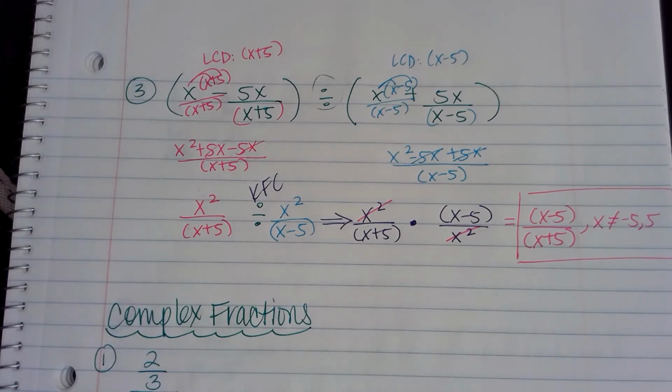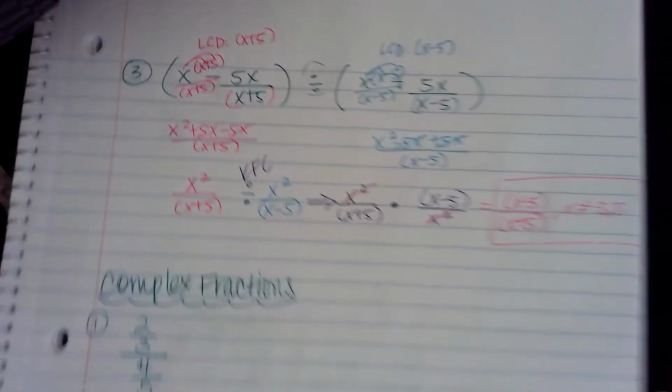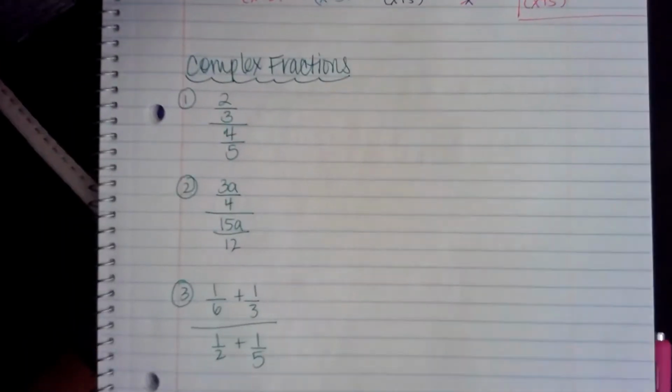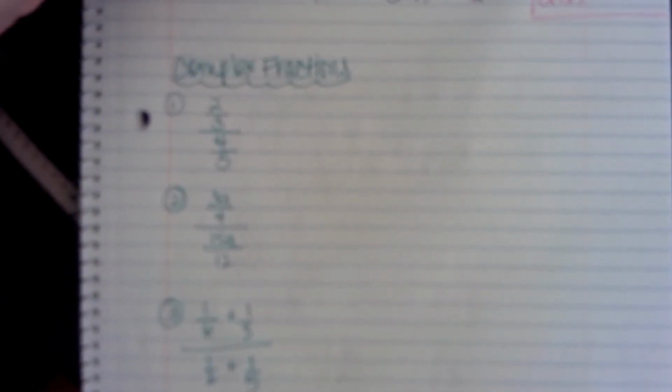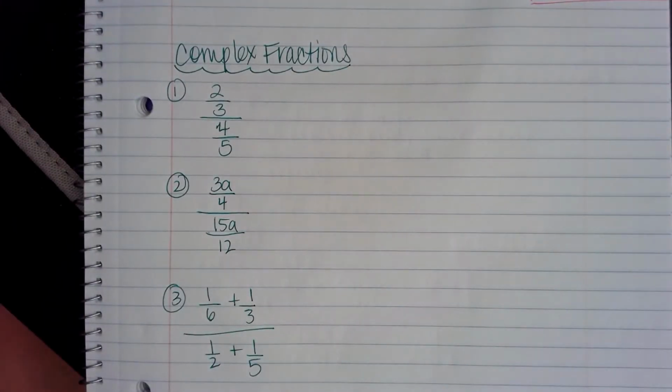All right. So that is actually a really good problem to introduce complex fractions, because we had a fraction divided by a fraction, which is exactly what a complex fraction is. It just doesn't have the division symbol. It just has a lot of fraction bars. So what we do with all of these fraction bars is we rewrite them with a fraction symbol.